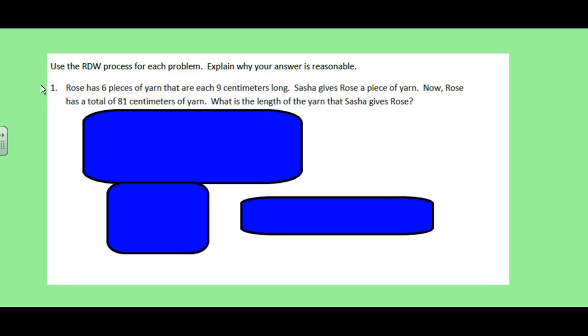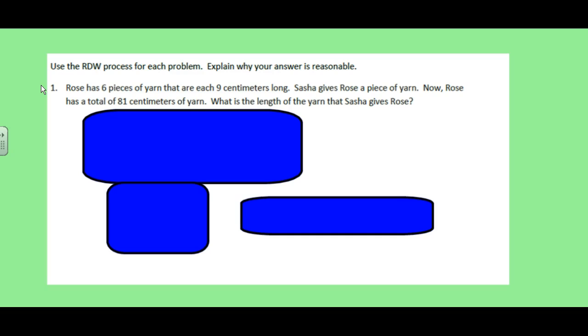So looking at the information that this problem gives us, it gives us some information to figure out how long Rose's piece of yarn is. Because if we can figure out how long Rose's piece of yarn is, and we know the total length of hers and Sasha's together, then we can find the difference between those two to help us figure out how long Sasha's piece of yarn was.